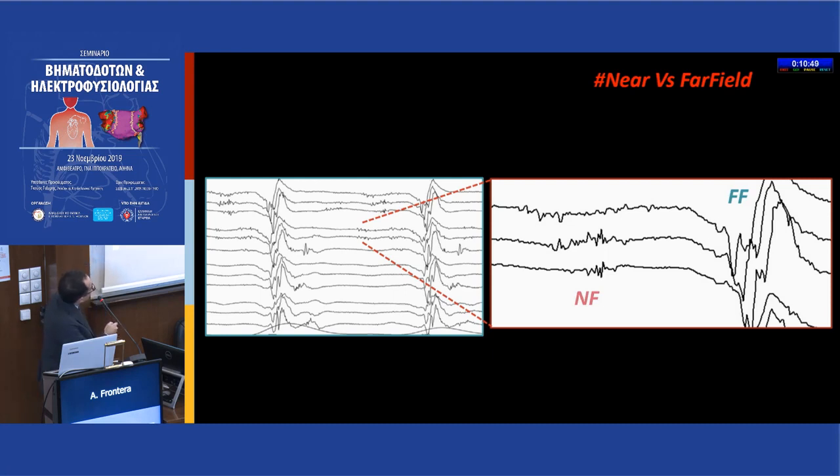We can really distinguish the near field potential. So these are those potentials that are happening just below your catheter. It's sharp, it's very high frequency, compared to this signal, which is a far field signal, which is very rounded, very low frequency. So with this multi-electrode mapping tool, you can distinguish the two.